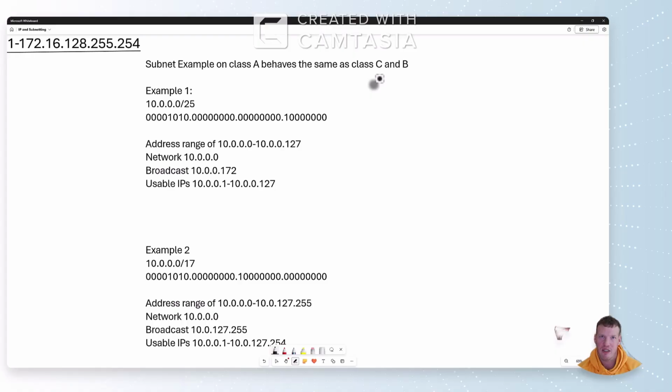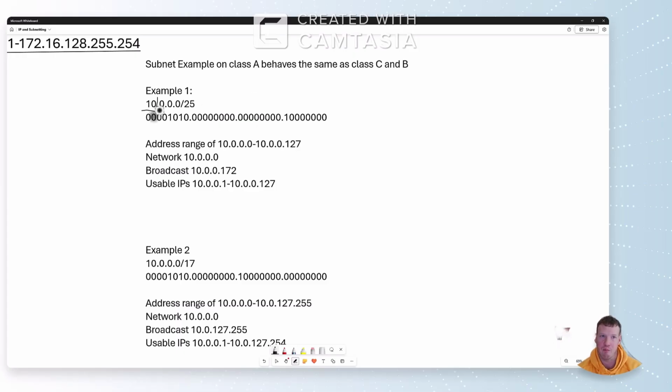As far as subnetting goes, the behavior in Class A works the exact same as C and B. It's just you have more places where you can break networks out from. So an example of this is, let's go back to our original Class C and the one that we used in Class B, which is a /25. You're now taking this really big network that used to start with just 10 and leave all these open, and you're breaking it down to a much, much smaller network and saying, no, I only want 255 hosts for this network.